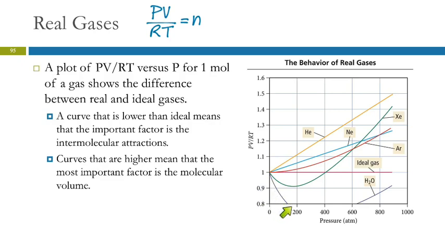And so we see the curve for water, it actually goes way down here and comes back up. This is lower, and that tells us that the intermolecular attractions, the stickiness of the particles, is the most important thing. And then some of them, like xenon, the stickiness is a problem at lower pressures, and then the actual size becomes a problem at higher temperatures, higher pressures.